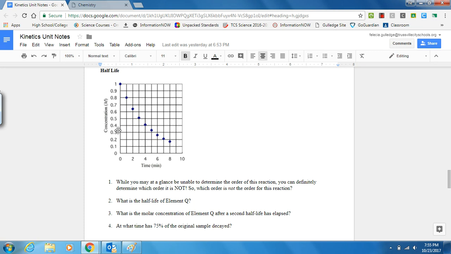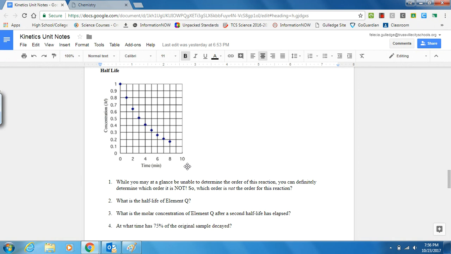So let's say I have a concentration versus time graph, and you see clearly that we have a curve. We don't know what the order of this reaction is, but now that we've gone through integrated rate law, we can probably figure out which order it's not. Because this is concentration versus time, what order is that associated with?